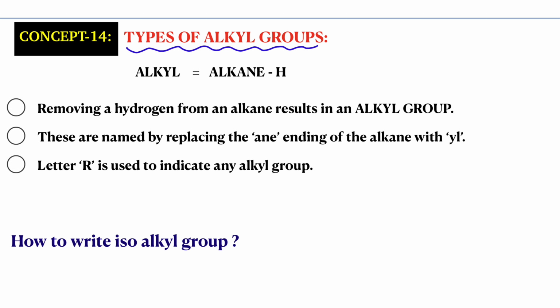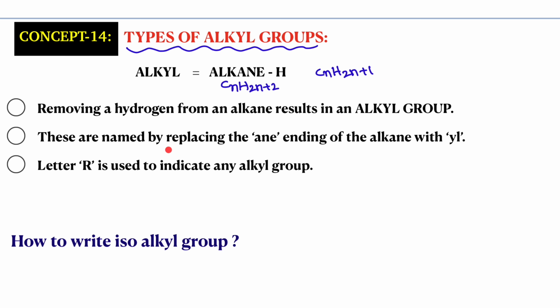The general formula of alkane is CnH2n plus 2. If one hydrogen is removed from this, you will get CnH2n plus 1. So this is a hydrocarbon group which has the general formula CnH2n plus 1, and that is called an alkyl group.